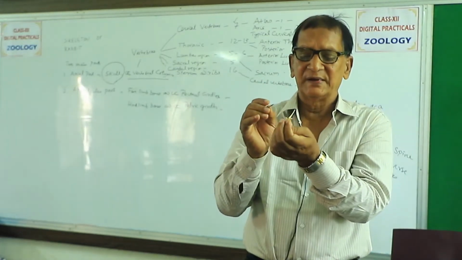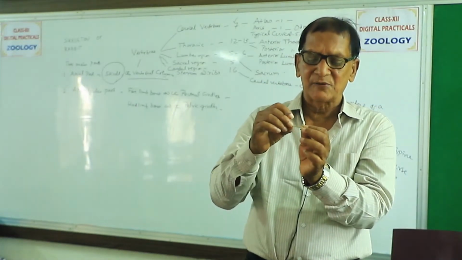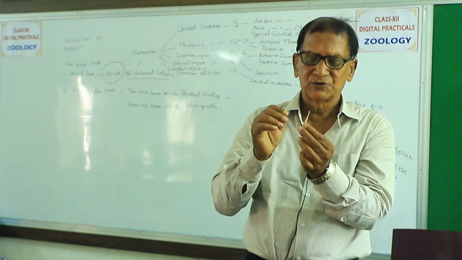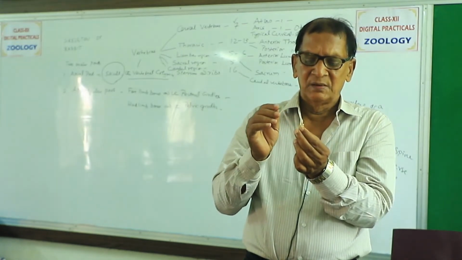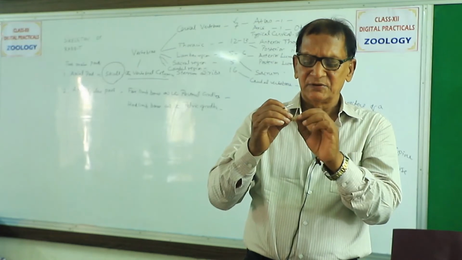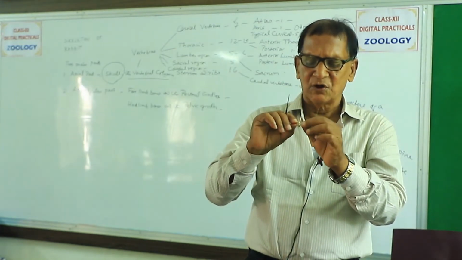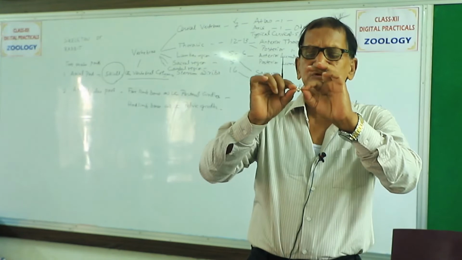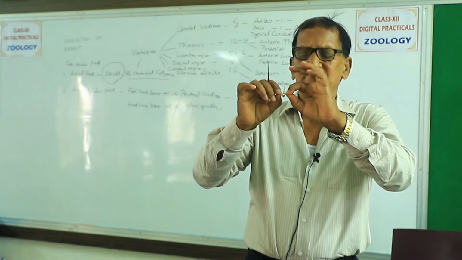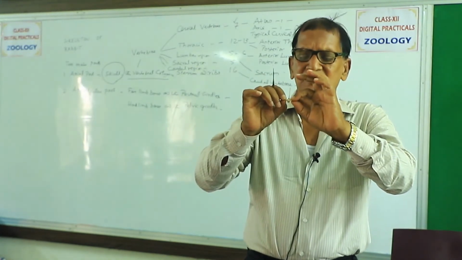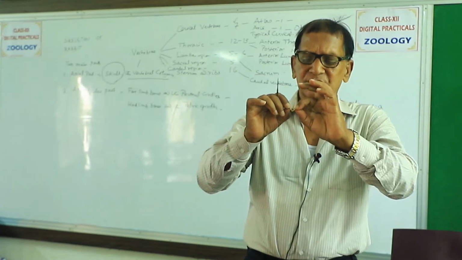And this is the long, backwardly directed neural spine. And these are the short and blunt transverse processes. So these are well developed, short, stoutly built transverse processes.